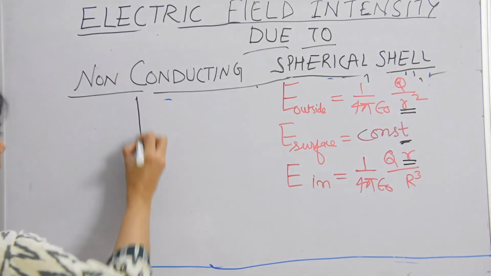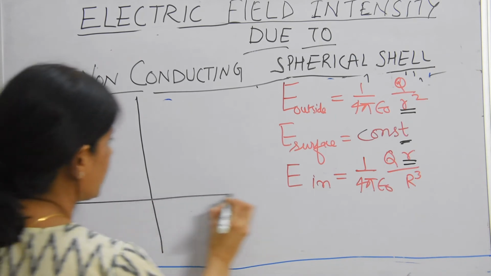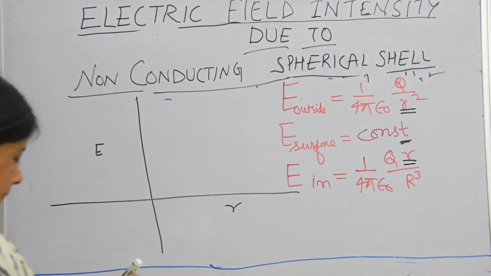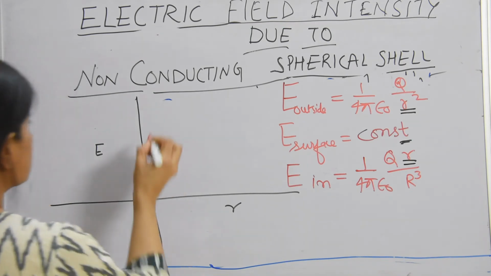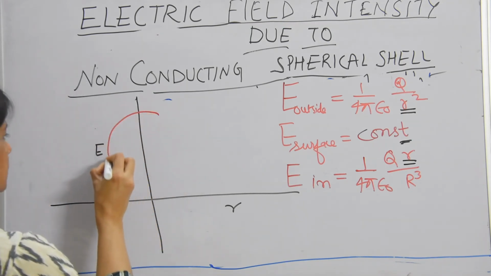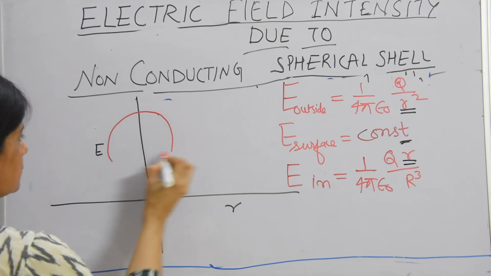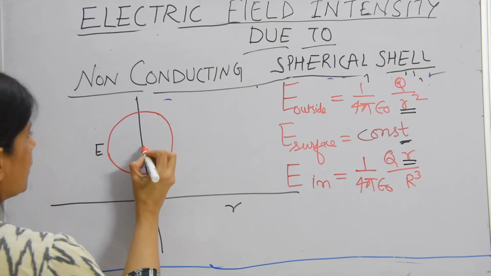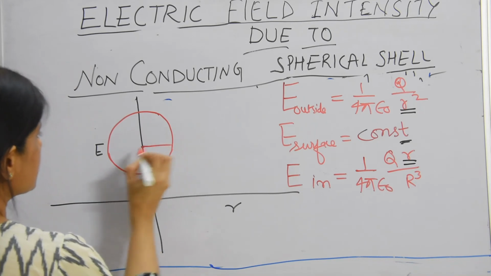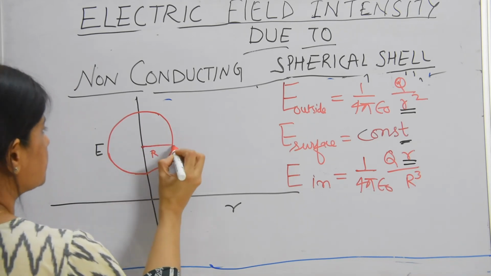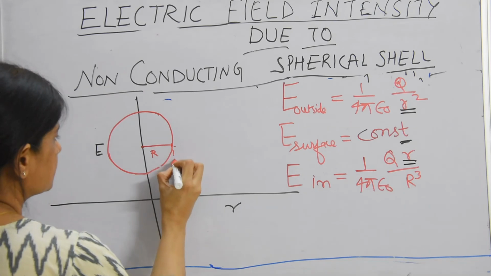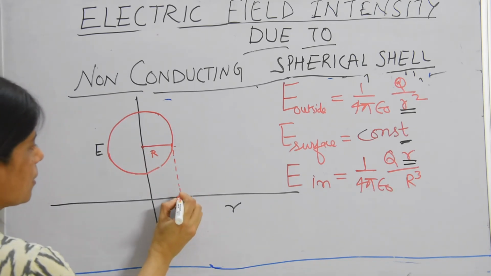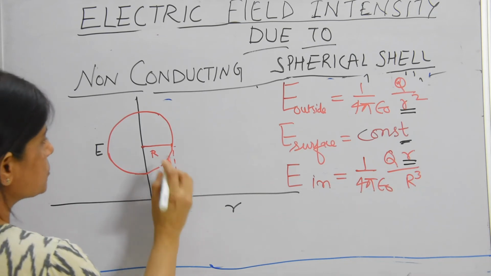If we draw the graph between r and E, suppose this is the sphere, and this is radius R. How does the value change?